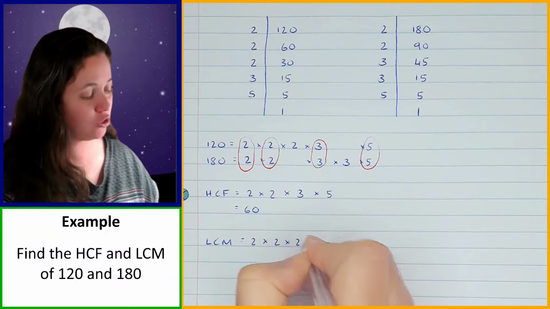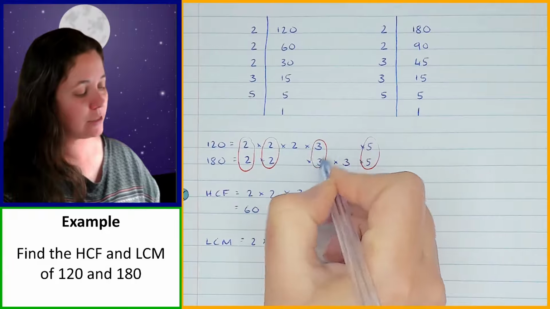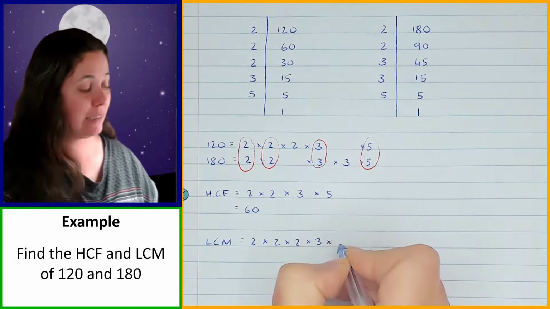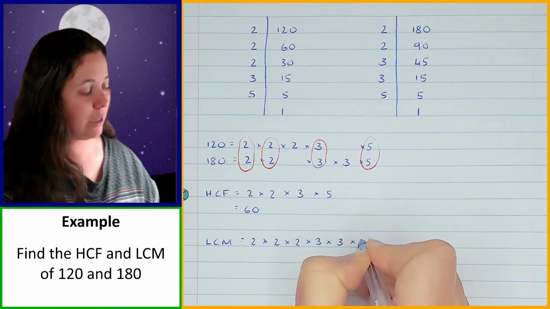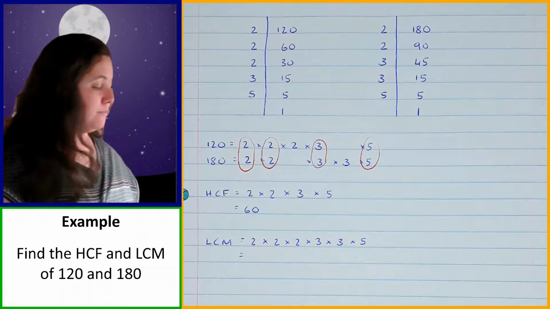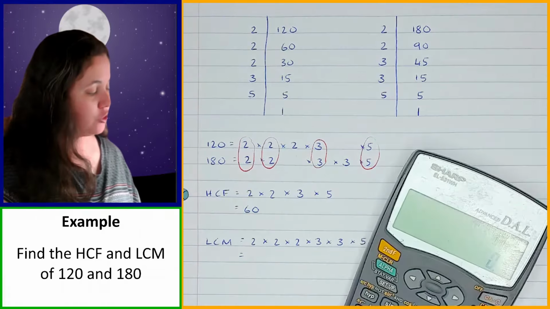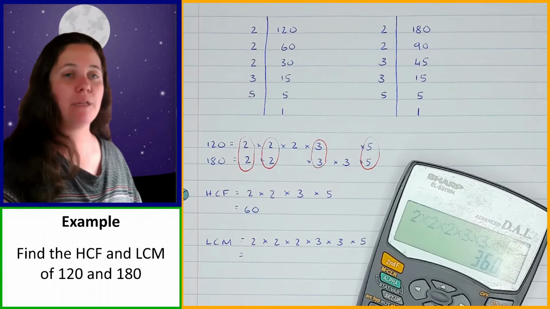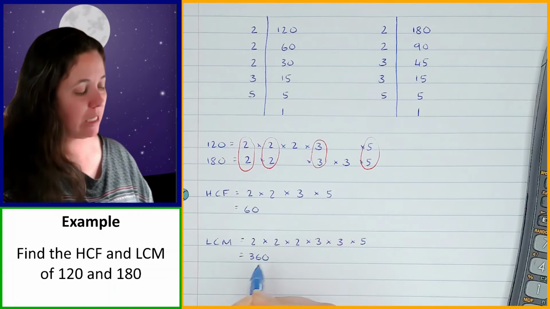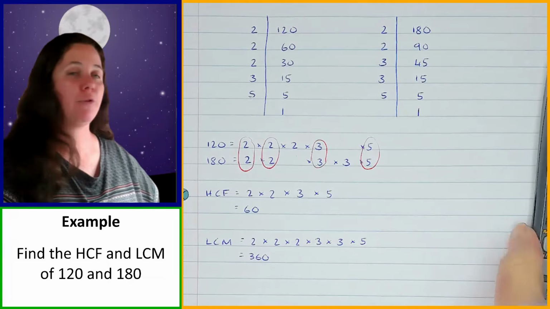So I'm going to multiply by 2 times this common 3 and times the 3 that isn't common, and then multiply by the 5. Okay, and when we work that out, I get 2 times 2 times 2 times 3 times 3 times 5, and that gives me 360. So my lowest common multiple is 360.